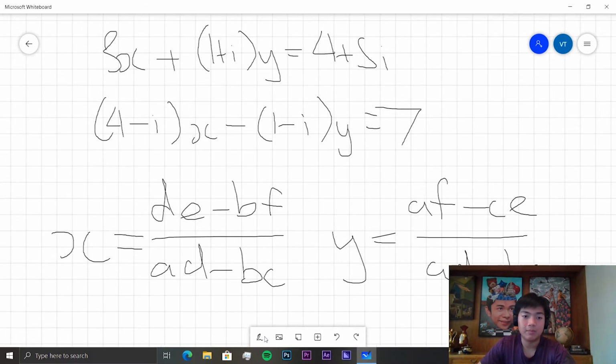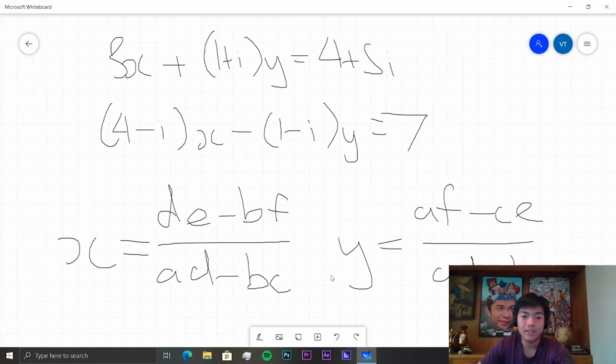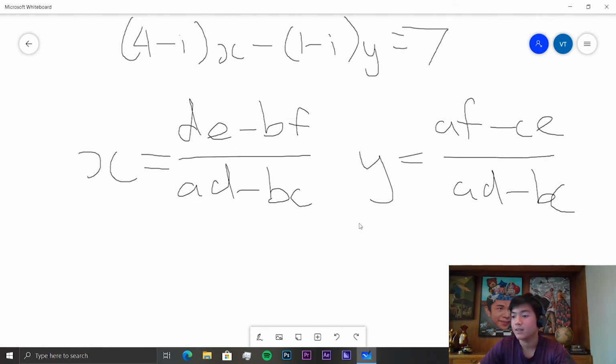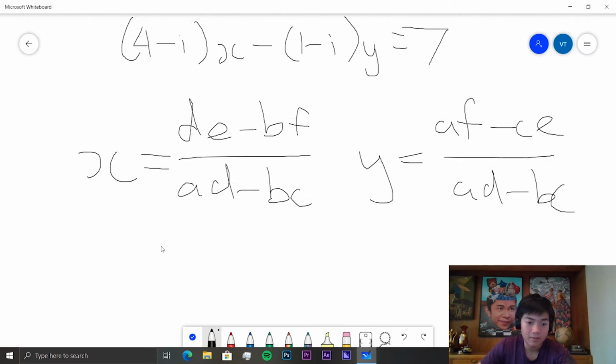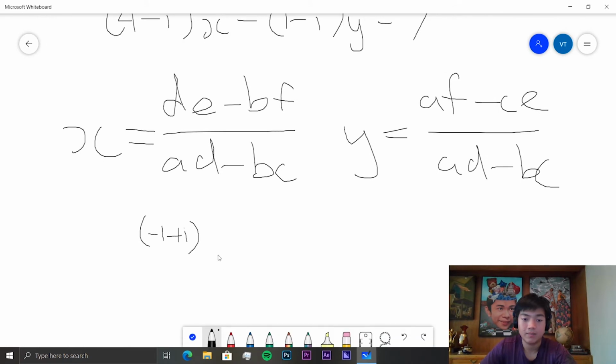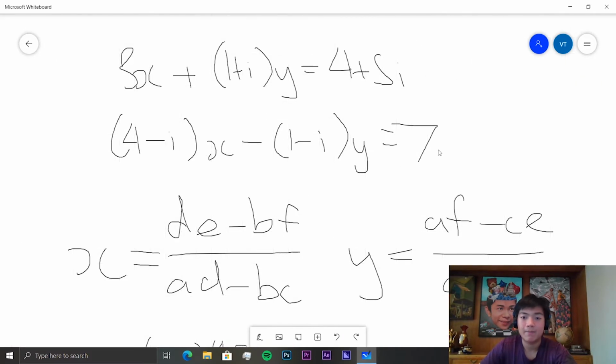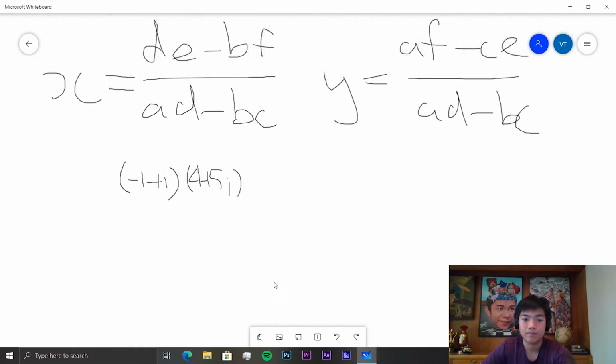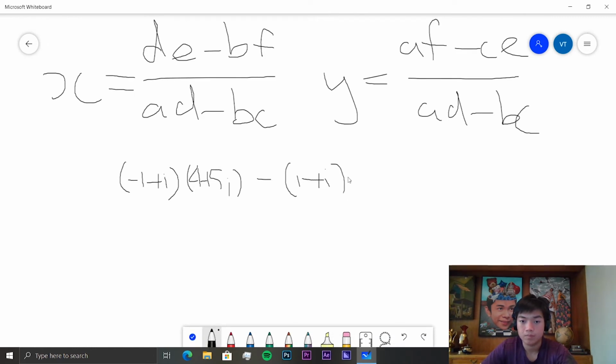Let's plug in the numbers. So we have d as negative 1 minus i, so we have (negative 1 minus i) times e, which is 4 plus 5i, minus bf, and b is 1 plus i, times 7, and we need to make it all over ad minus bc.